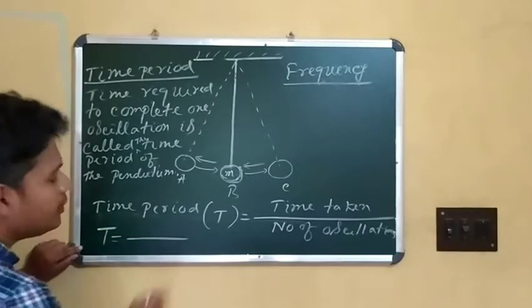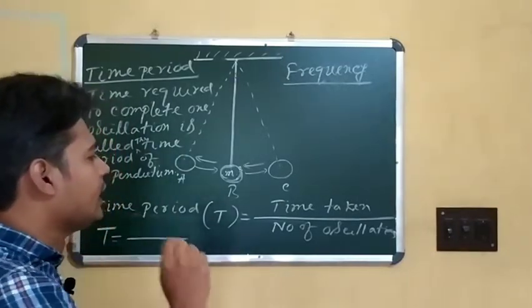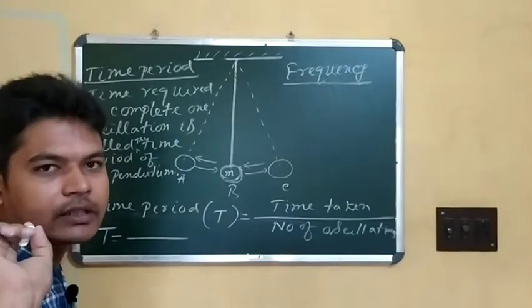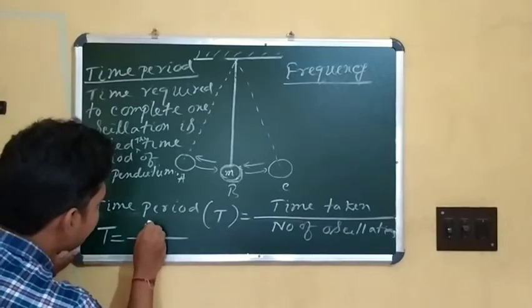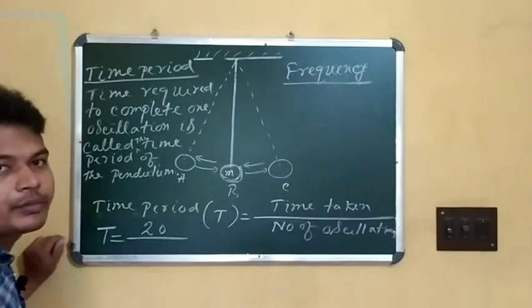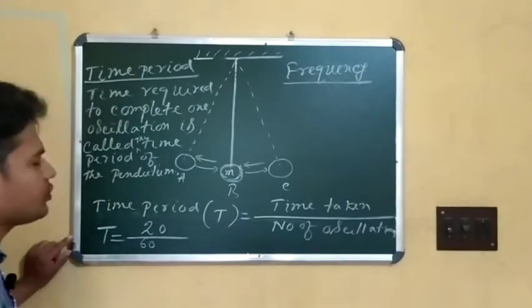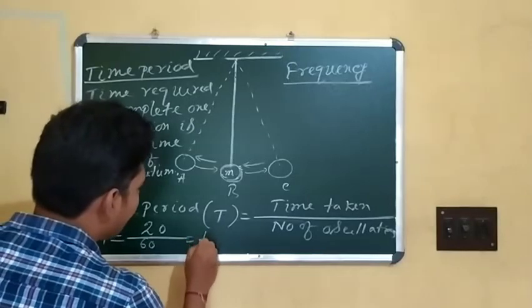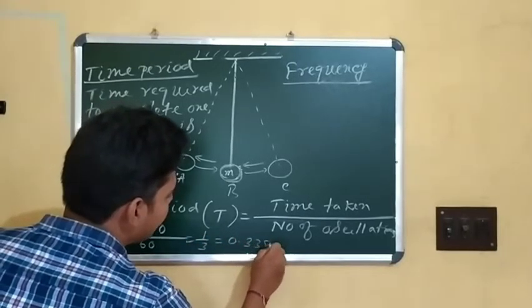In 20 seconds, you must note this down, a simple pendulum completes 60 oscillations. Then the time is 20 seconds and the number of oscillations in these 20 seconds is 60. So you have to write this down. Then what will we get? 1 by 3, that means 0.33 second.